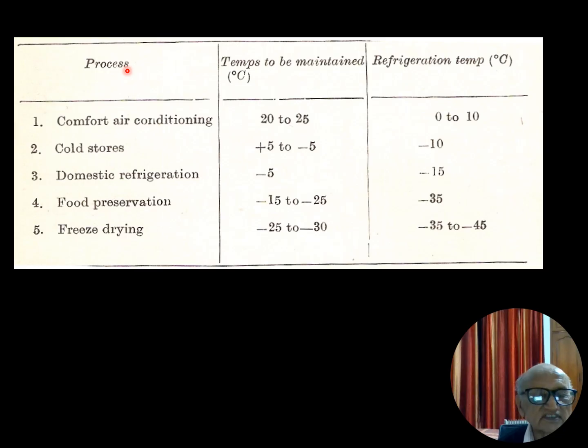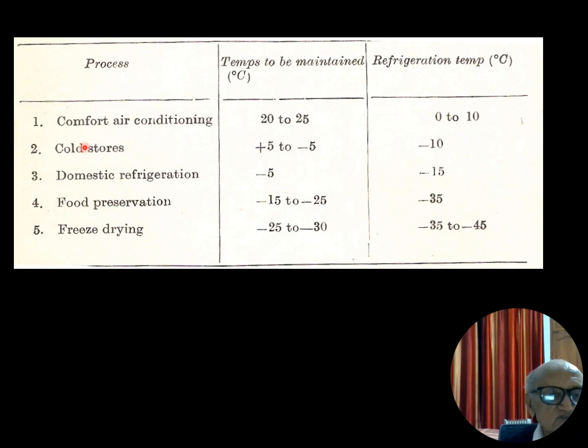The first one is central air conditioning processes, of which the first is comfort air conditioning, and it requires an enclosed temperature to be maintained of 20 to 25 degrees Celsius through a refrigeration temperature between 0 to 10.